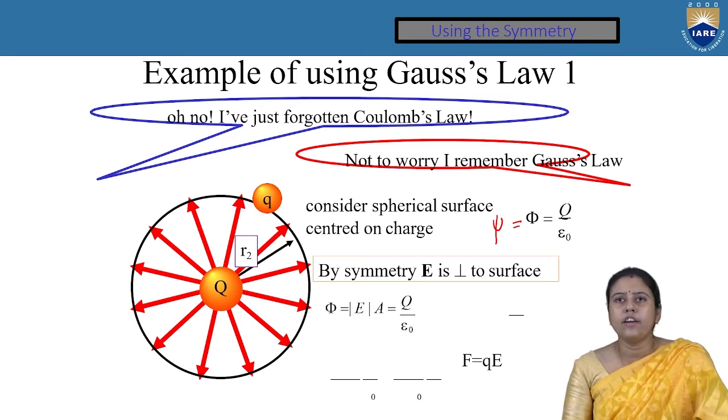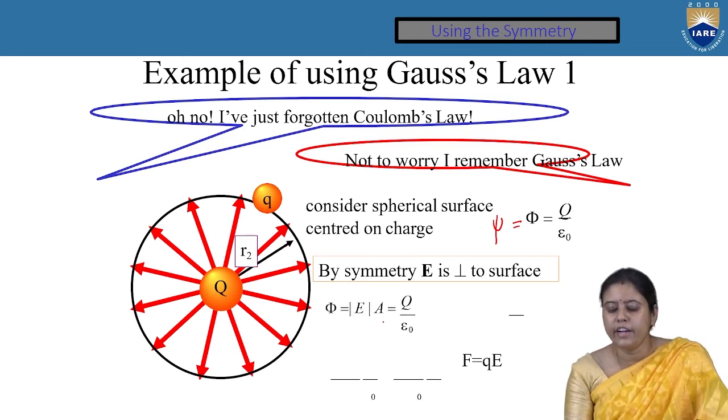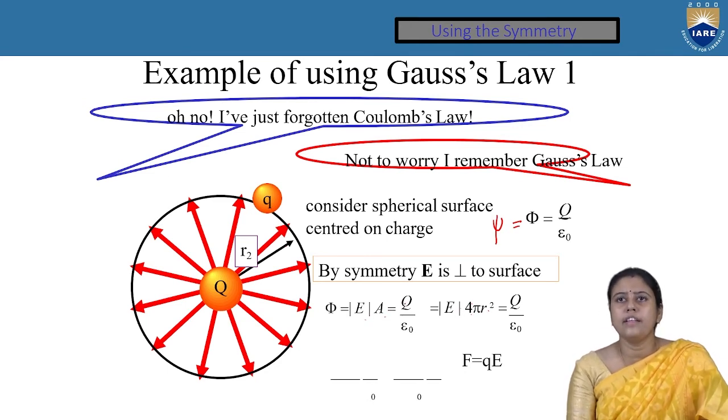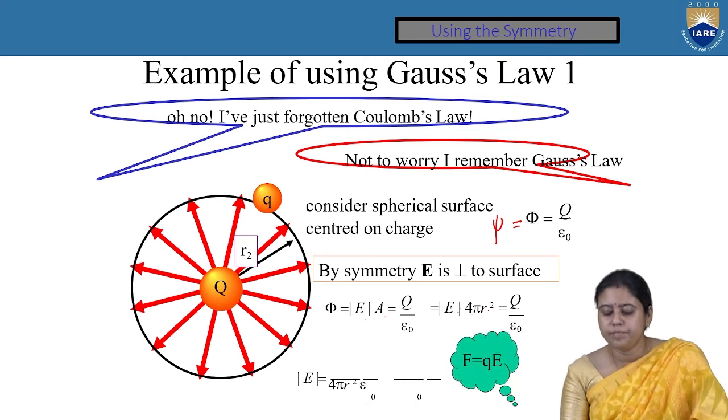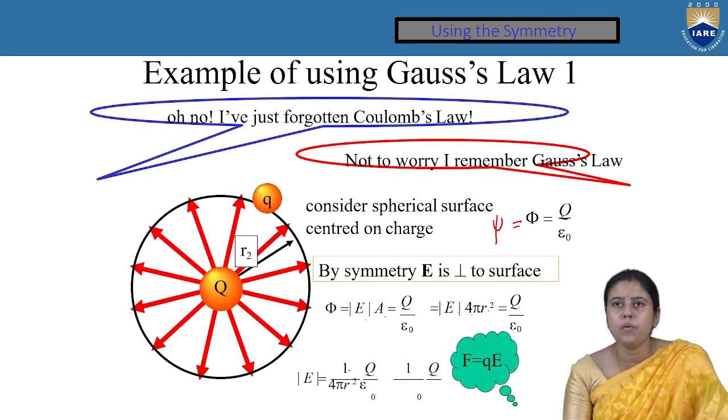Now we can write what psi is again: E into A, which is q by epsilon 0, with A equal to 4 pi r square. So E is equal to q by 4 pi r square epsilon 0.